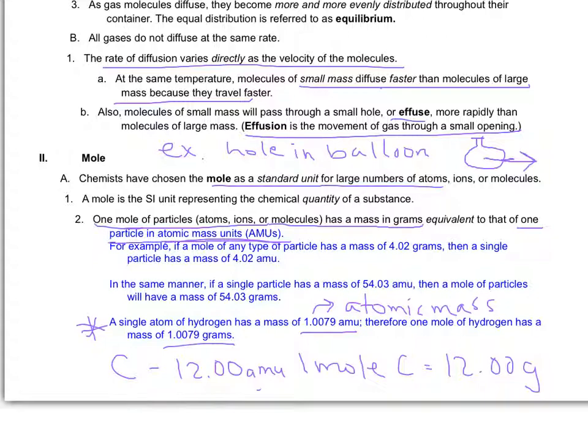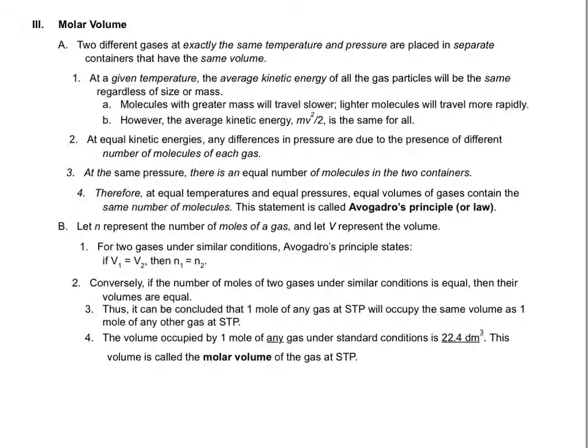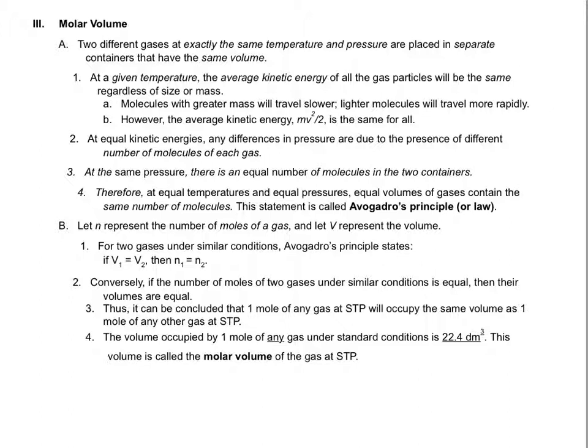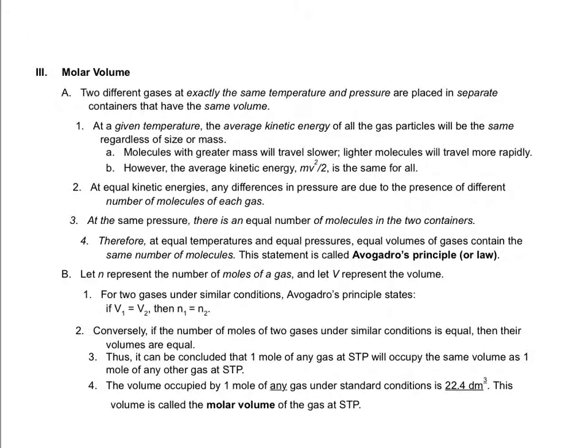Okay, next page. Molar volume. Before we do molar volume, let's do one example of a mole in terms of a compound. Let's look at carbon dioxide. To find out how much 1 mole of carbon dioxide weighs, I'm going to add up the atomic mass of every element in carbon dioxide, which means I have 1 carbon, so that would be 12.00 grams.